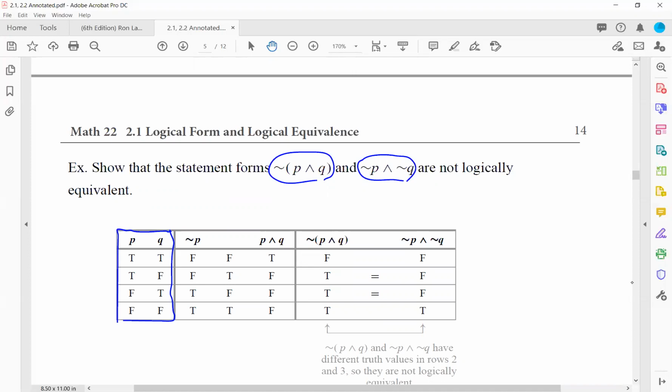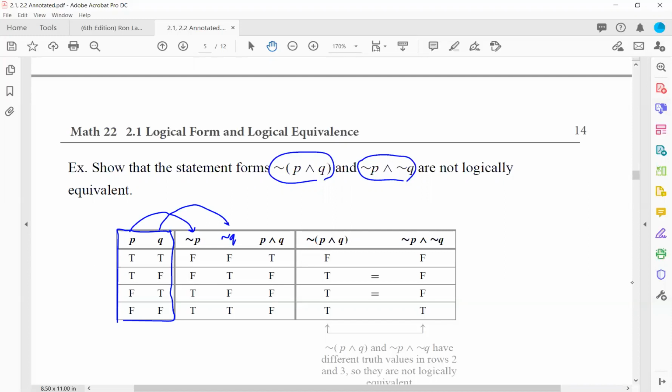Not P is the negation of P. So you get false, false, true, true. Then not Q is the negation of Q. False, true, false, true. Then we form the inside compound statement, P and Q. Then we negate it, not (P and Q).